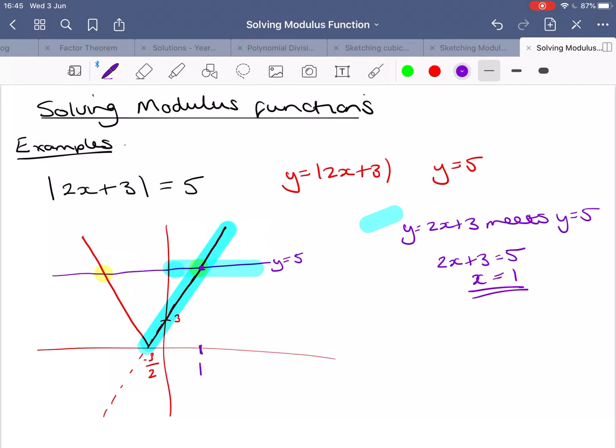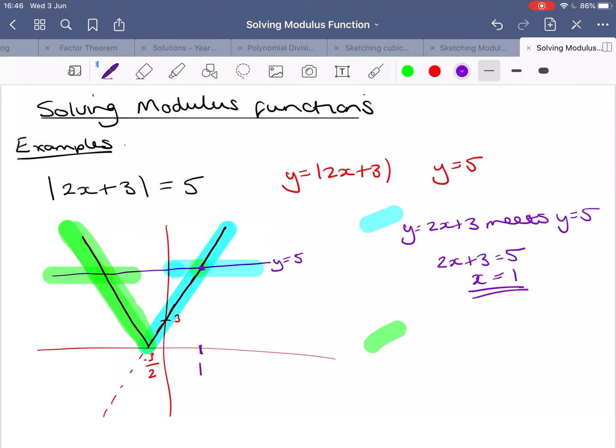So at this point here, my x value is 1. Right, now the second point of intersection is over here. And it's where this line meets the line y equals 5. Now, in this case, what is the equation of this line? Well, it's not y equals 2x plus 3. Because for a start, it's got a negative gradient, it's going downhill. And what you realise is when you reflect a line in the x-axis, you're making all the y values negative.